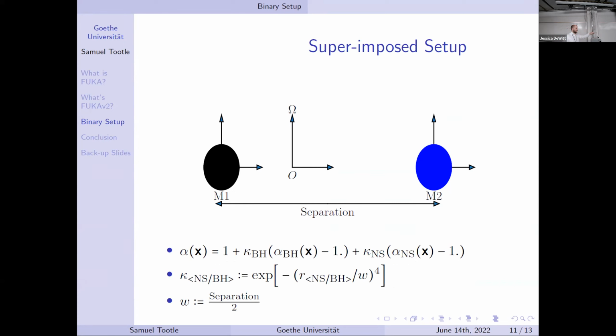And this kappa term is an exponential decay that's a function of the coordinate radius from where the components are in the binary, divided by this weighting parameter, which we said is the separation divided by 2. I think the first time I saw this was in FUKA's paper on black hole neutron star binaries for superimposed Kerr-Schild. But essentially you do this for each field, and this constructs your initial setup for your binary.